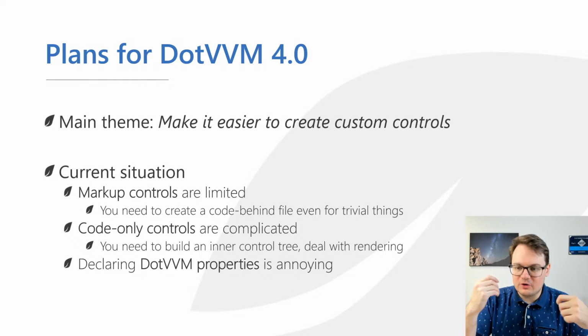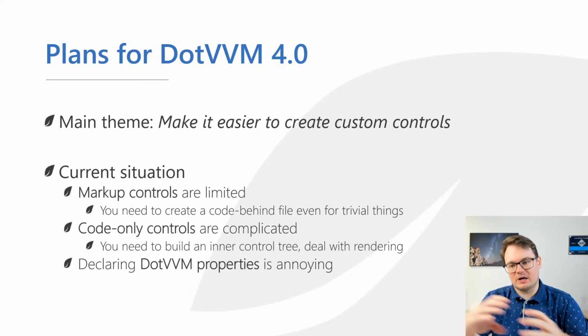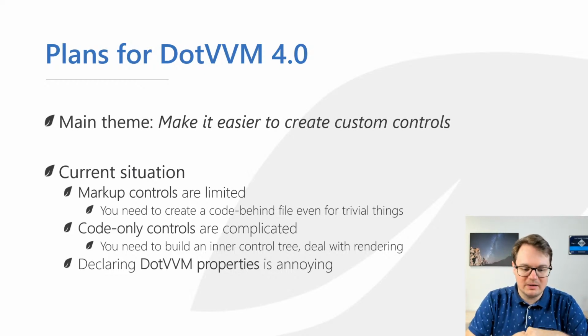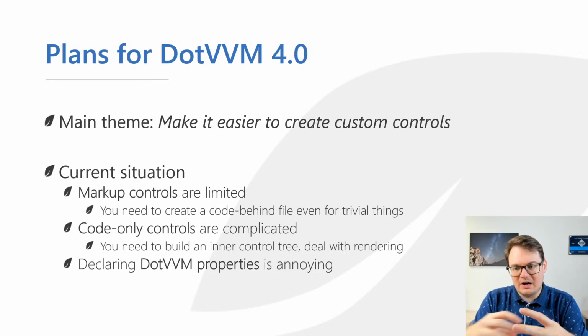You can define your own properties in the markup, and then you can use this markup control in any place in your application. This is great for application-specific markup controls, because typically you can reuse them in one project, in one app.